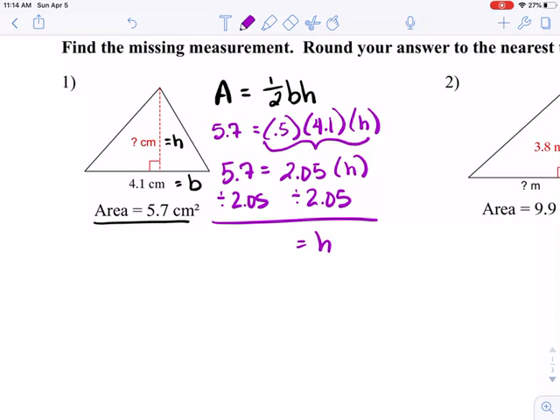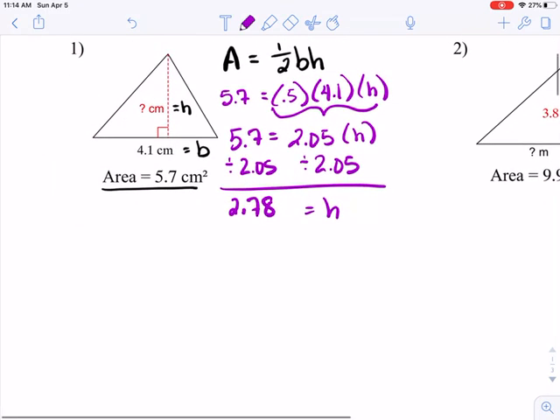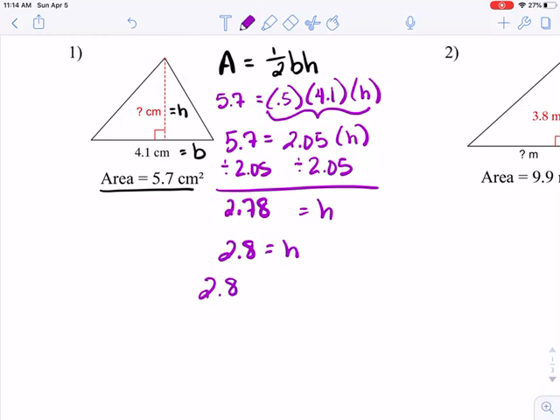And 5.7 divided by 2.05 is 2.78. This one says round to the nearest tenth, so I will round this to 2.8 equals the height, and that's centimeters. So I need to make sure I write 2.8 centimeters.